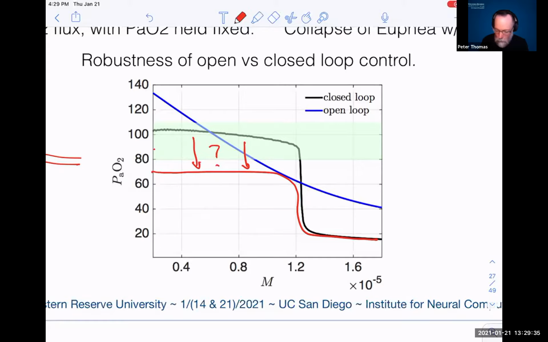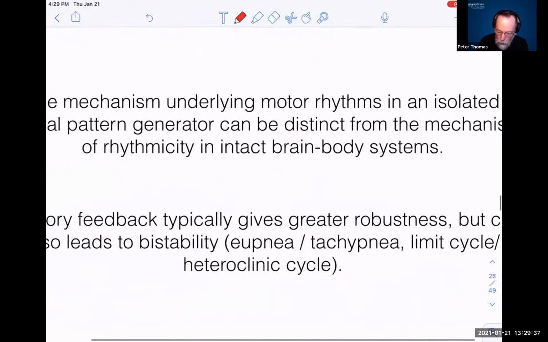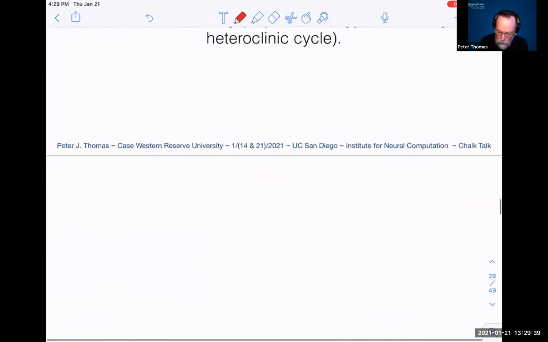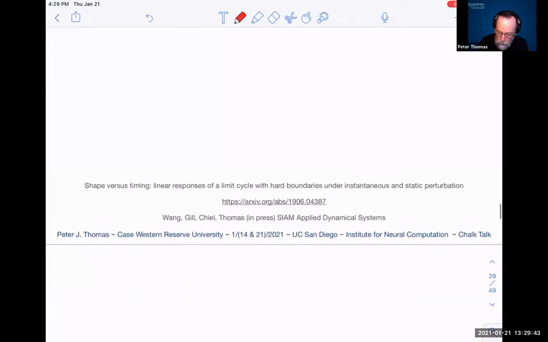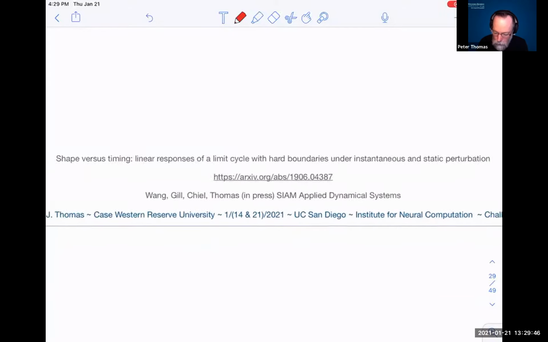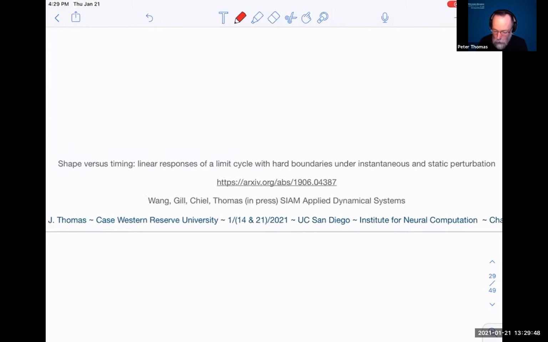There's more stuff to say about, oh, there's one last thing. Yes, there are different mechanisms. I'm excited because we just got a paper accepted, in which we develop mathematical tools for studying how you can compare the limit cycles when you change parameters.